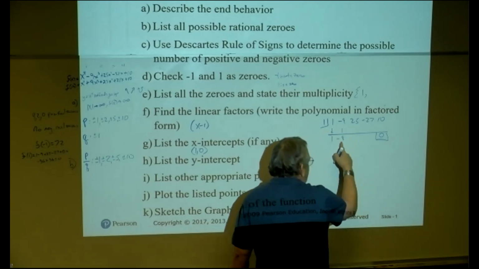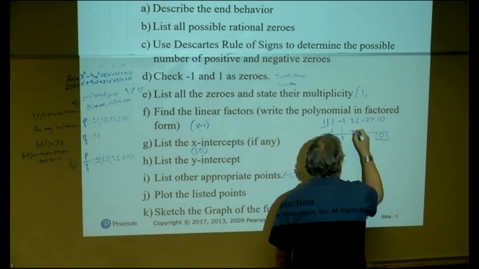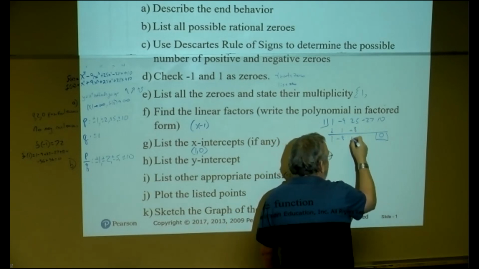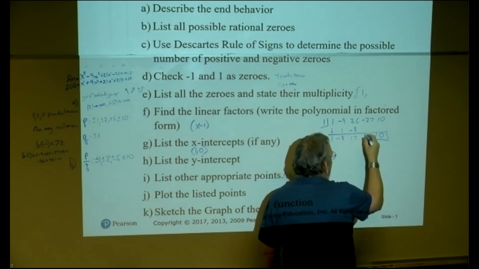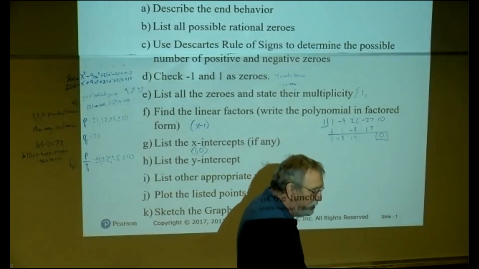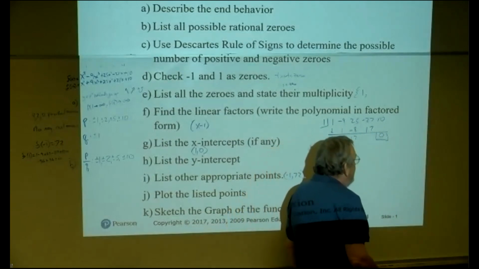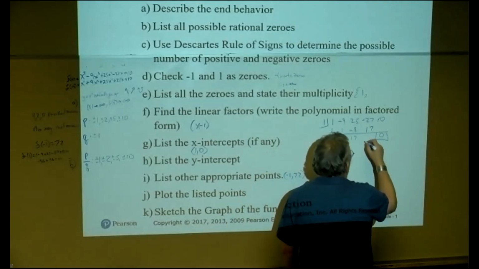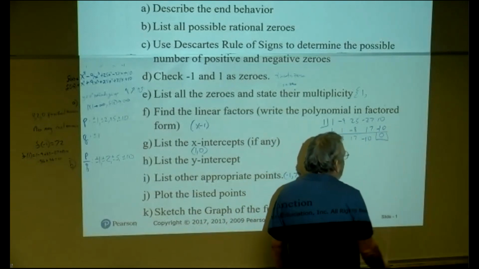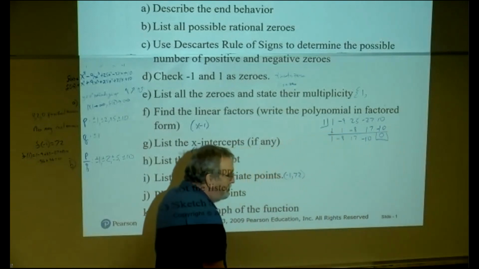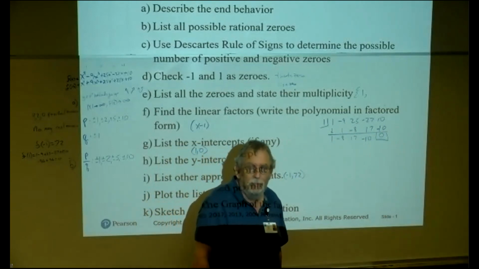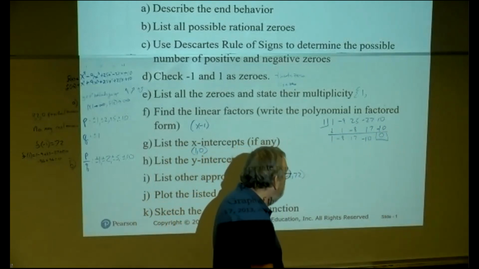And when I multiply by 1, it stays -8. And 25 minus 8 is 17. 1 times 17 is still 17. And 17 minus 27 is a -10. 1 times -10 stays -10, and 10 and -10 make 0, because they're opposites. When you combine opposites, you get 0.